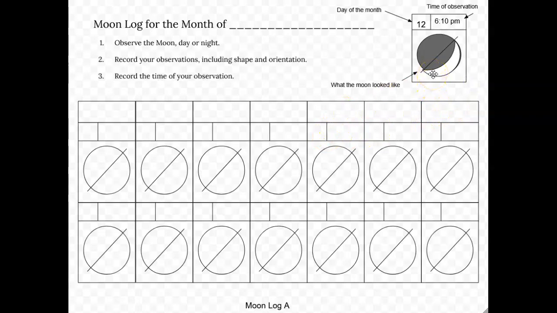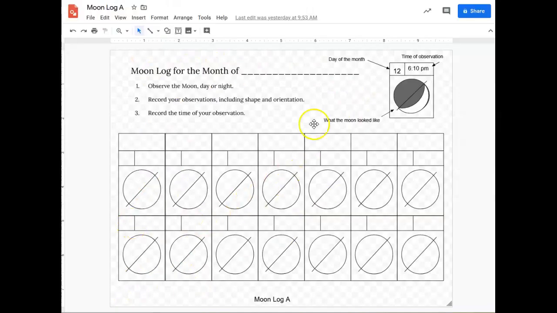There's 2 ways you can do this. You can either print this thing out if you have a printer at home, or if you don't, you can use the tools on this Google Draw platform to draw a picture of what it looks like. So if we expand our view here, give me a second. So here's the whole Google Draw view.